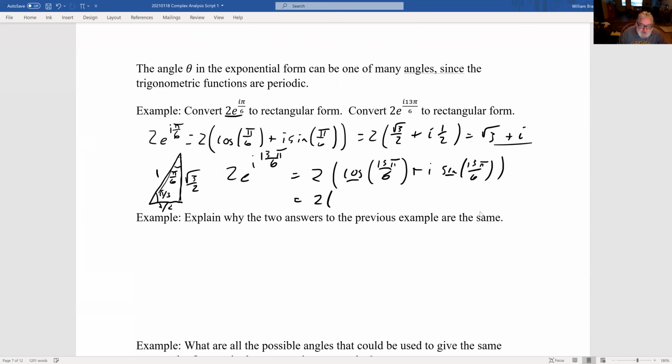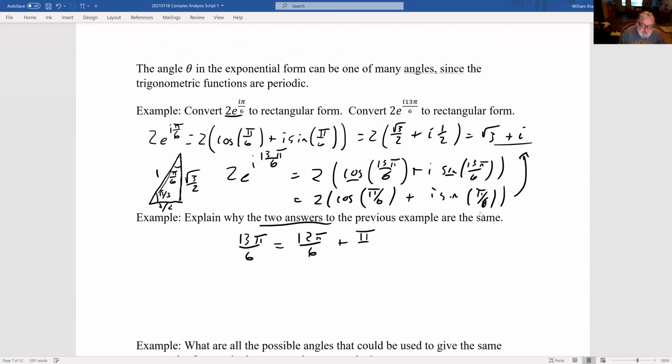So this is actually cosine of pi over 6 plus i sine pi over 6, which is this. So why do we get the same thing here? 13 pi over 6 is 12 pi over 6 plus pi over 6, which equals 2 pi plus pi over 6.